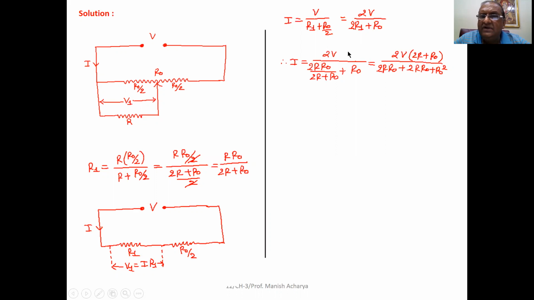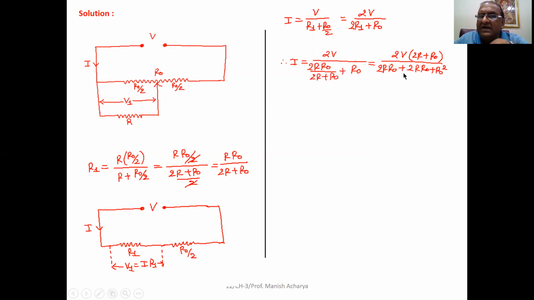Take it in the numerator. So we can write 2V into 2R plus R0 upon 2 R R0 plus 2 R R0, this one into this, and R0 into R0 is R0 square.